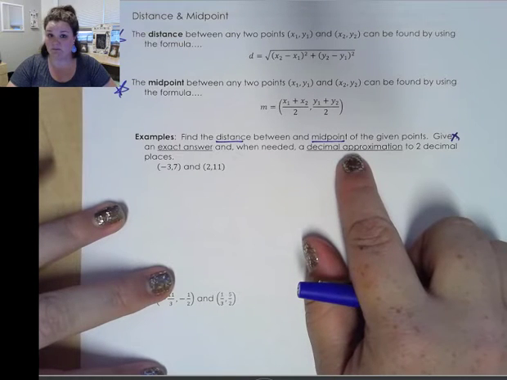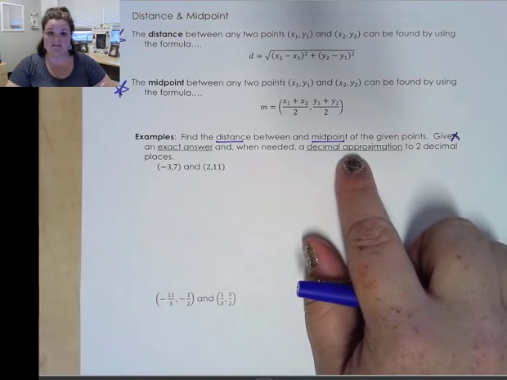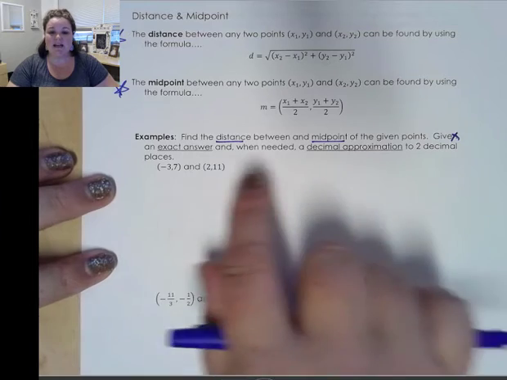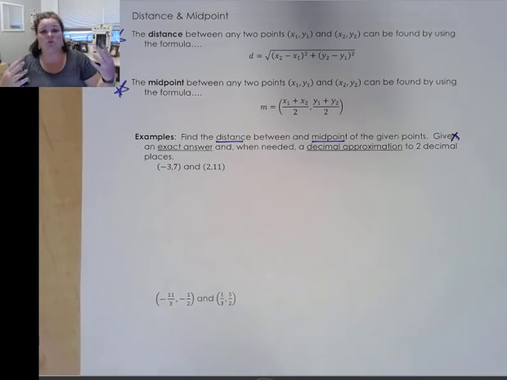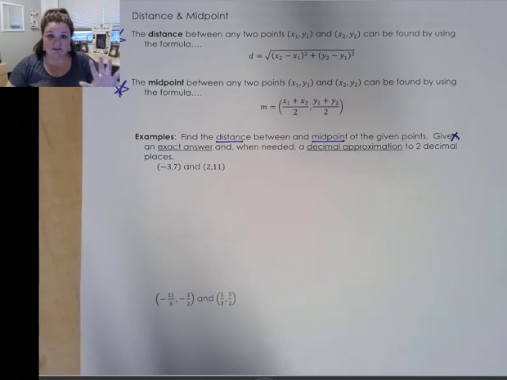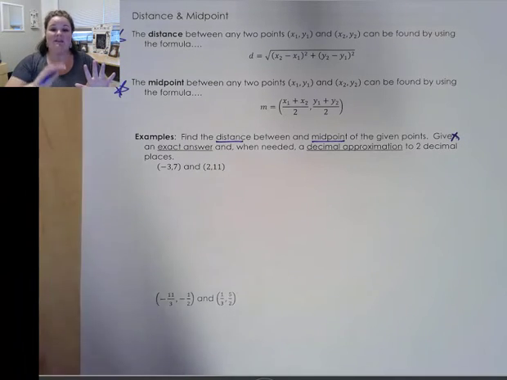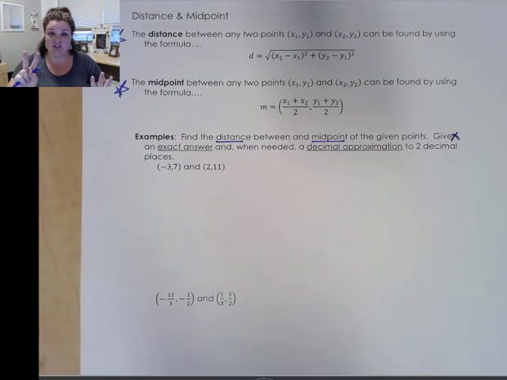So that's why we would give a decimal approximation for that value, okay? So if you get nice, pretty answers, like if the distance ends up being 4, then you would just enter 4, right? But if it ends up being something like the square root of 47, then it will have you enter the exact answer, which is the square root of 47, and then a decimal approximation to 2 decimal places to represent what the square root of 47 actually equals, okay?